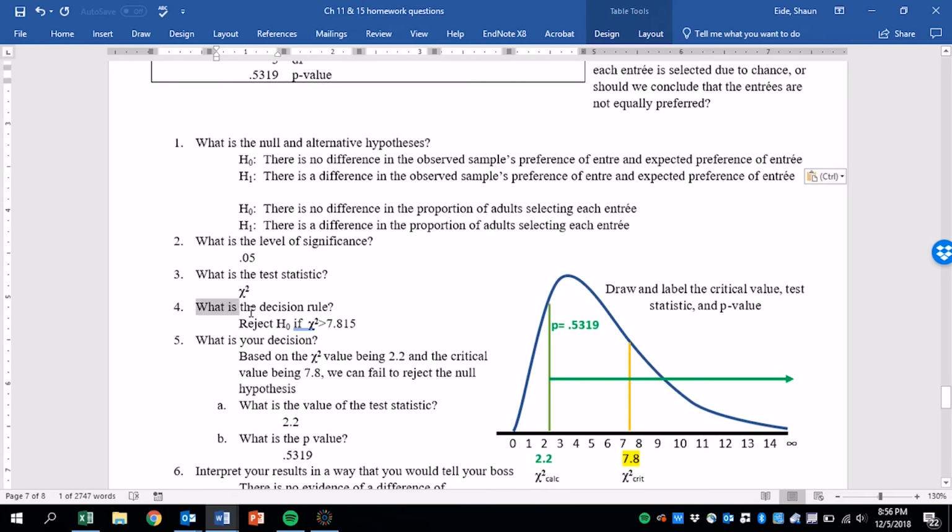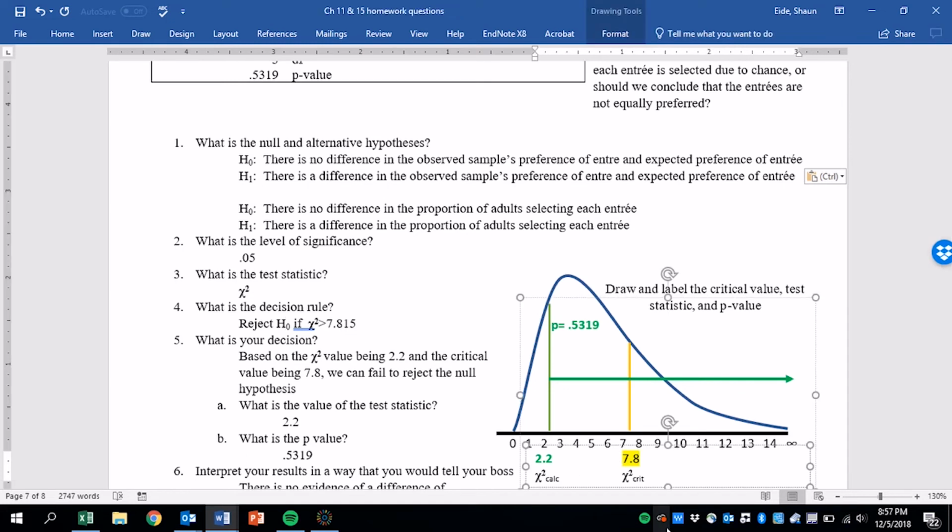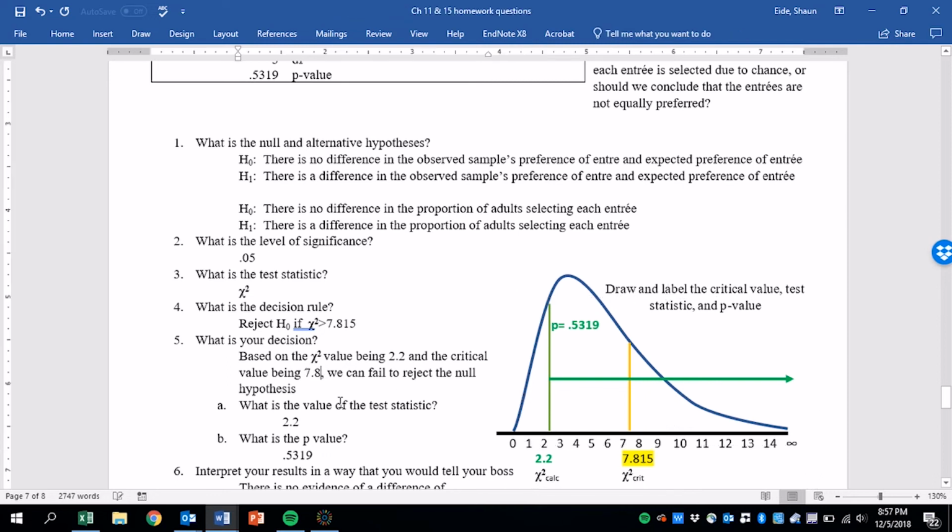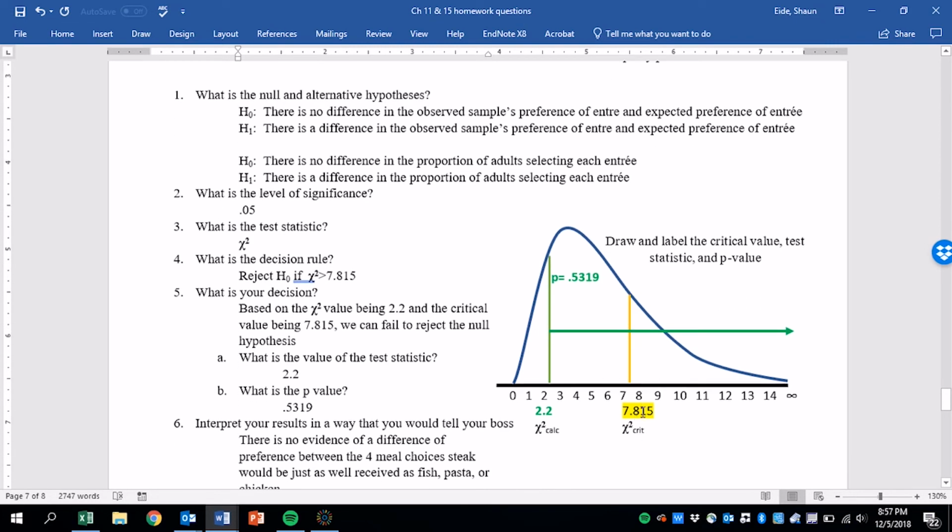So what is the decision rule? The decision rule is to reject the null hypothesis if chi-squared is greater than 7.815, and you see the critical value right here, 7.815. So we are going to reject the null hypothesis if chi-squared calculated is greater than 7.815.